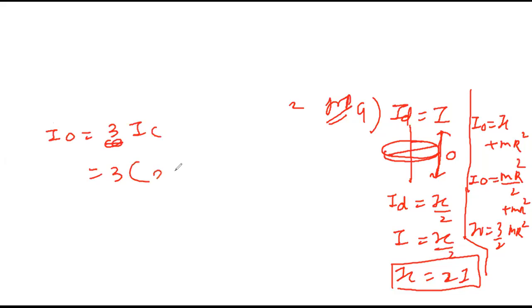So 3 times 2I, that means it is 6I. Any doubt or have you understood? Yes, sir. I understood. Okay.